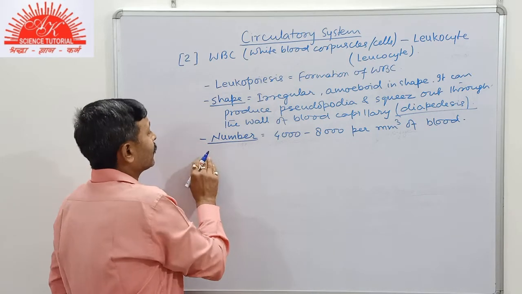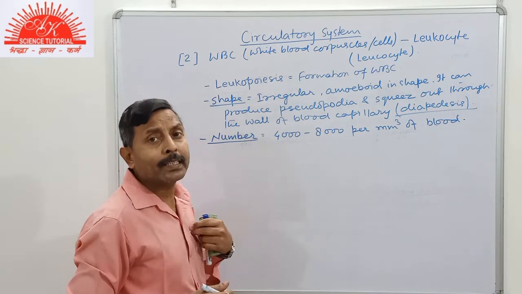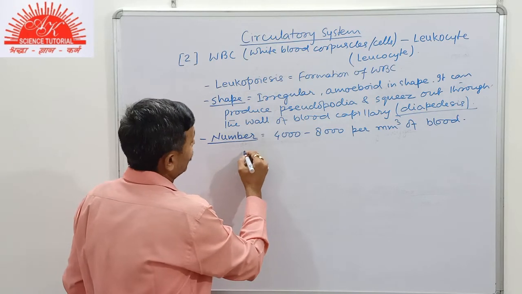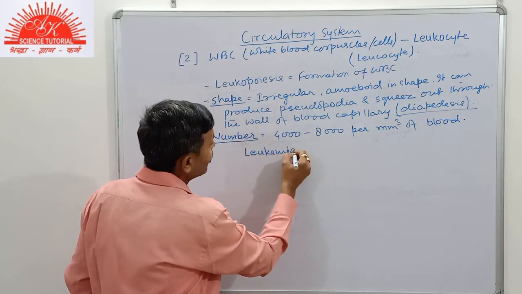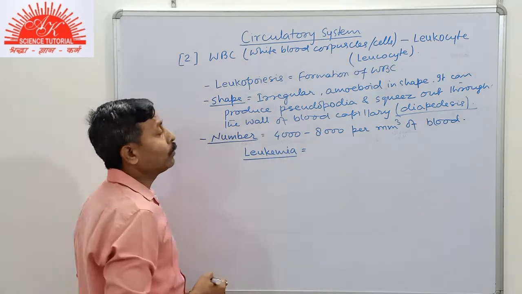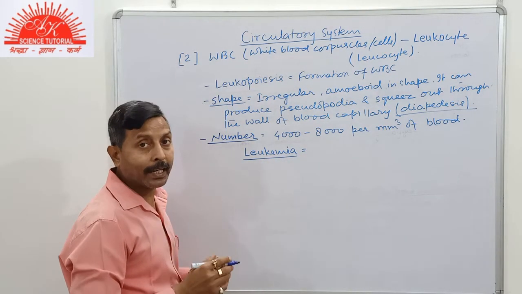Now its number can be increased or decreased abnormally. So you see, if there is abnormally increased number of WBC, it is leukemia, also termed as blood cancer.